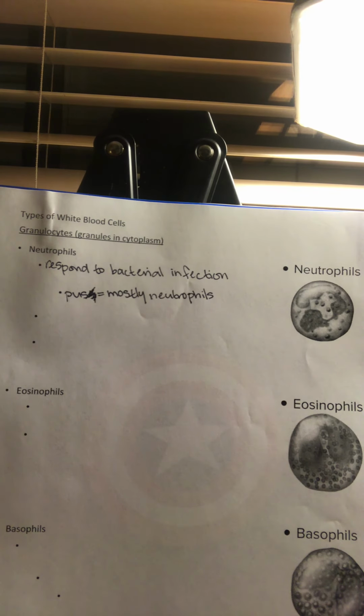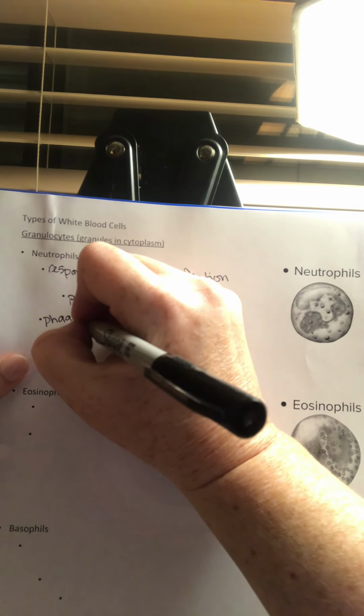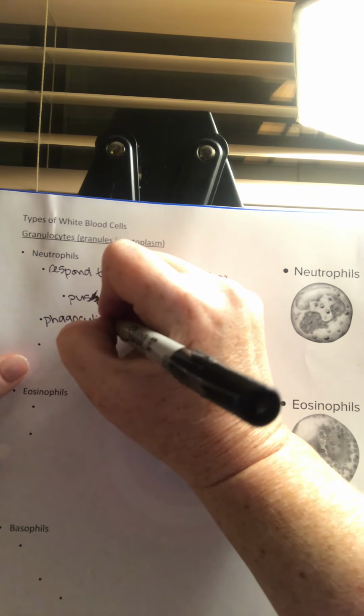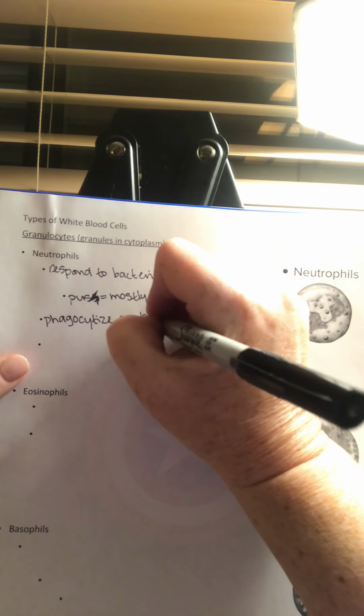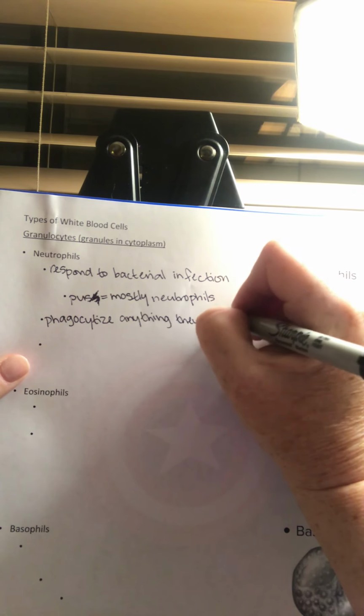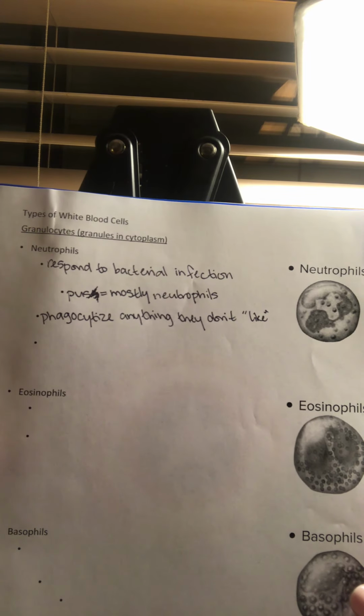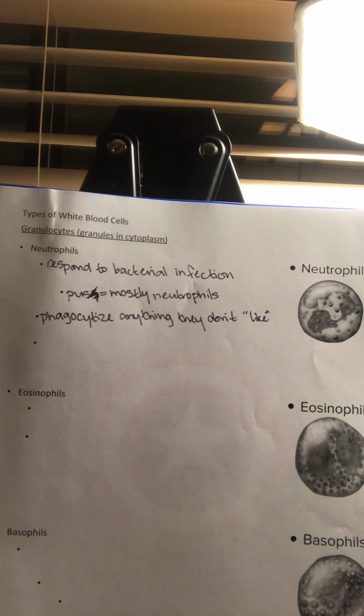And again, these guys go after anything, and I'm going to put that in quotes here, that they're like, hey, I don't think you belong here. Haven't seen you around before, so you're out. These are actually the most abundant type of white blood cell.